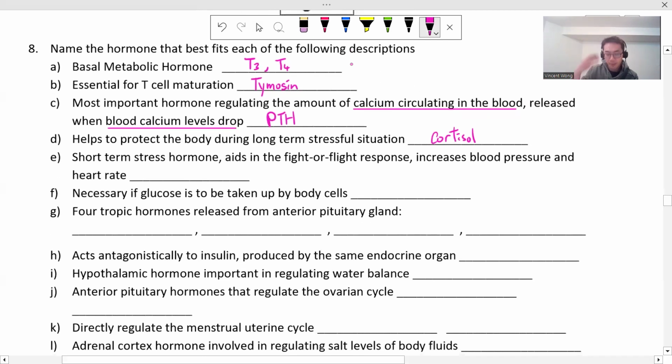Not physically running, but keeps the body running. Short-term stress aids in the fight or flight response, increases blood pressure and heart rate. Many people know this one: it's epinephrine. And epinephrine has a brother, norepinephrine. They do the same thing.